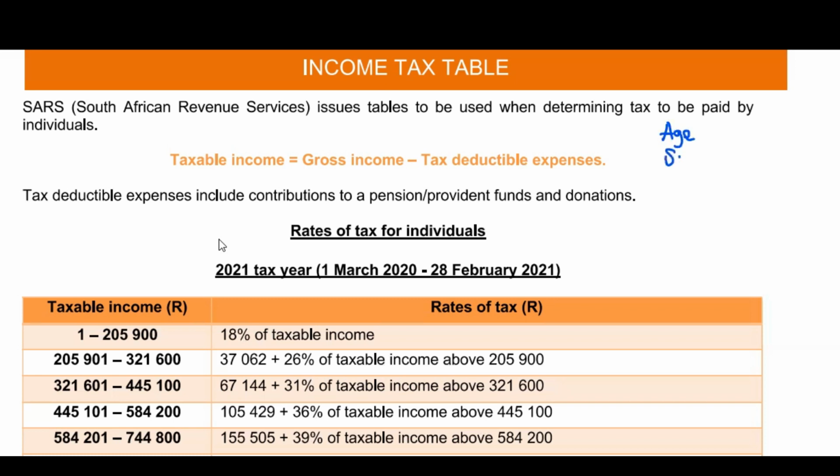Then we need to know the amount of money that the person gets, which is the income. From these two, we shall be able to start. Then why do we need the age? Age, we shall use it to determine which rebate the person belongs to, or threshold.